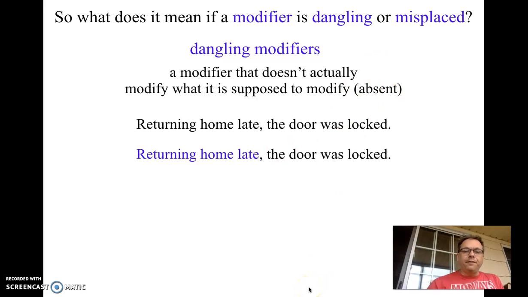The thing that it's modifying is absent. And we know that often because the activity involved returning home late in the modifier is something that the only possible subject can't do. The door cannot return home late. So it's easy to identify that we're missing a subject.